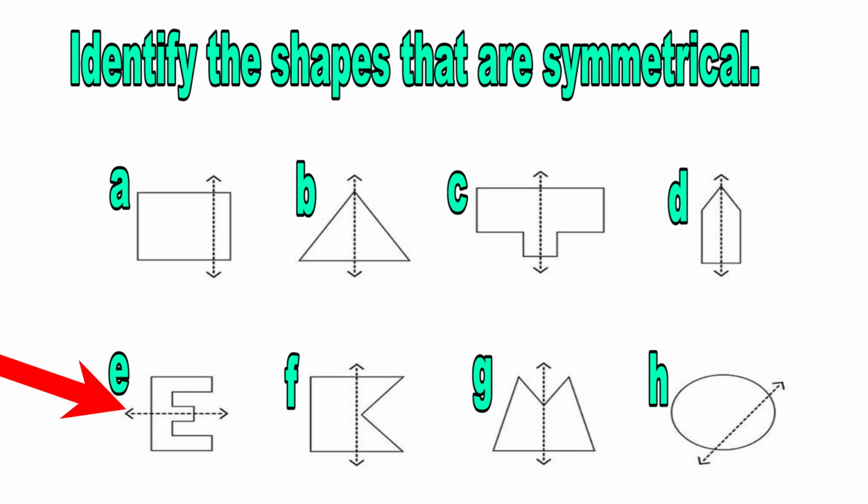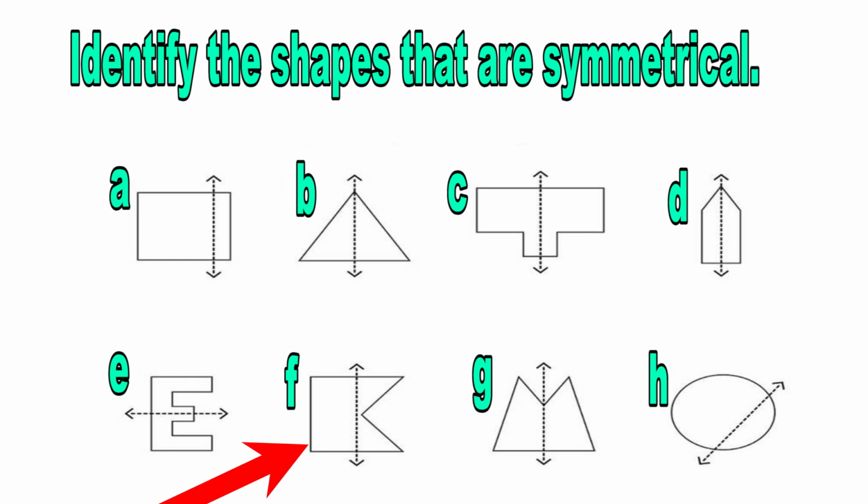Shape E, which is ironically the letter E, is also symmetrical. Even though the line of symmetry is not vertical, it is horizontal. Okay, what is reflecting at the top is reflecting at the bottom as well. Shape F is not symmetrical because one side is reflecting half of a square while the other side is reflecting not half of a square.